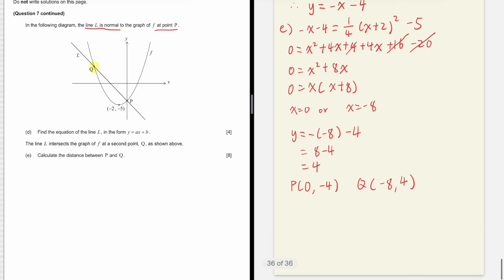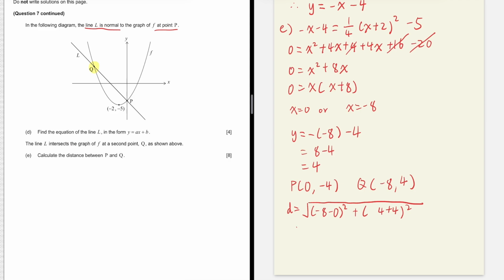And then we could use the distance formula of 2 points, where we have (-8 minus 0) squared plus (4 minus negative 4) squared.